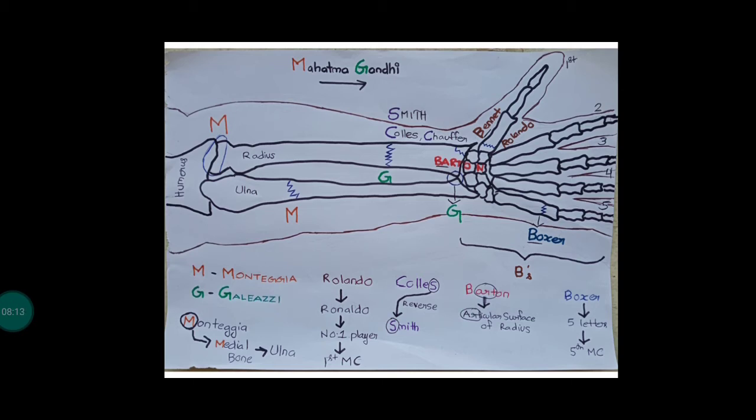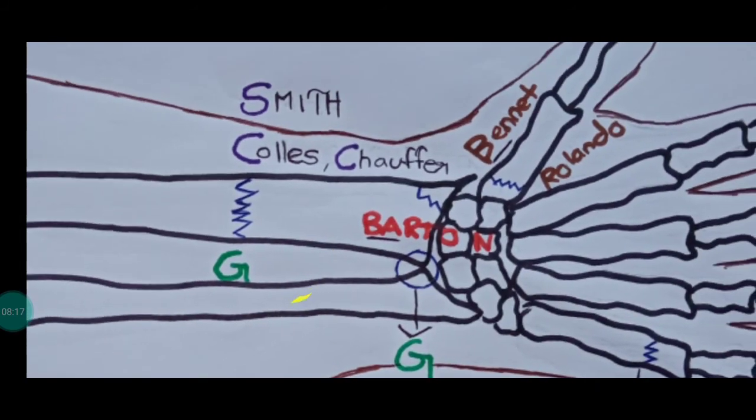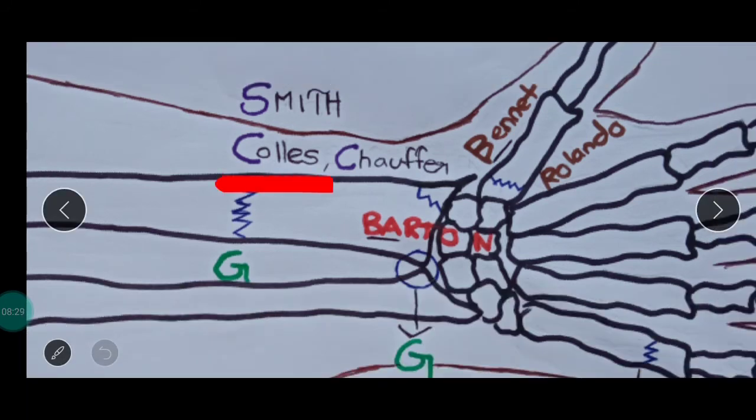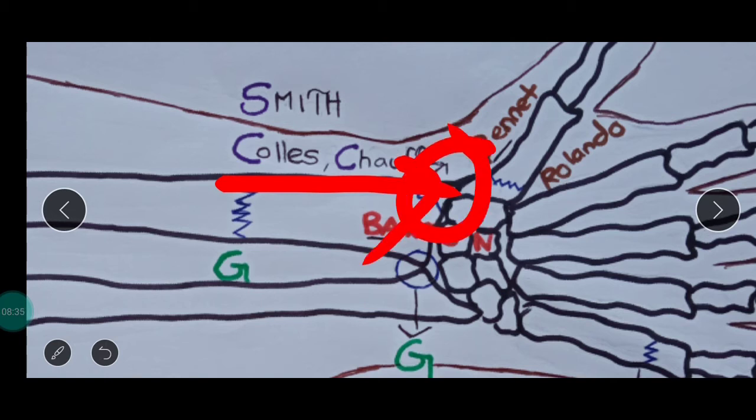Nothing is there. I have remembered it in such a way that, as I have written here, this is the Colles fracture, right? Colles starts with C. If from this part we move towards the distal portion, what comes? The styloid portion comes, right?